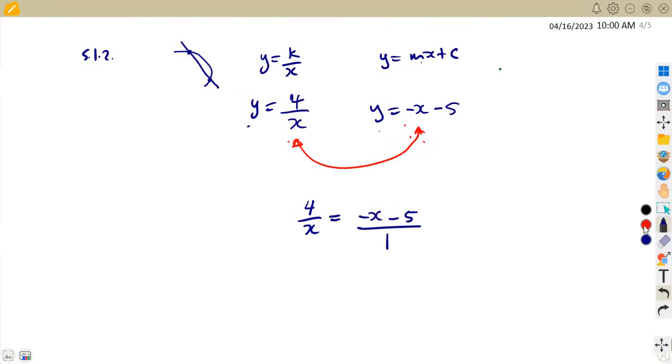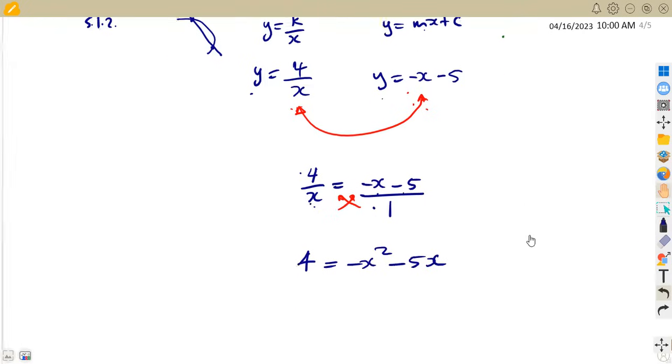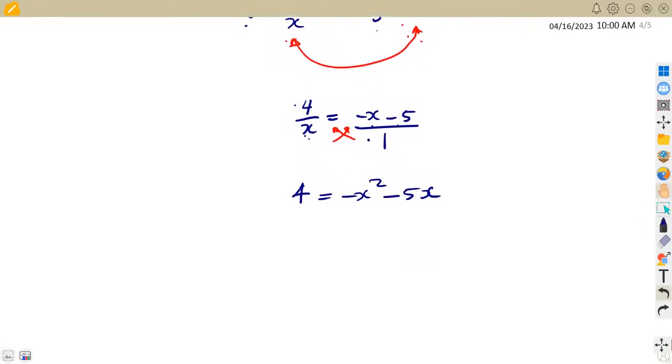Cross multiply to remove the fraction. In this case, that is going to be 1 times 4, which is 4, is equal to x times -x, that's -x squared. X times -5, that's -5x. So we transpose to the other side, which is going to be x squared plus 5x plus 4, which is equal to 0.